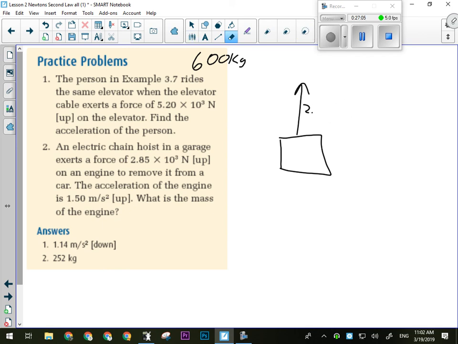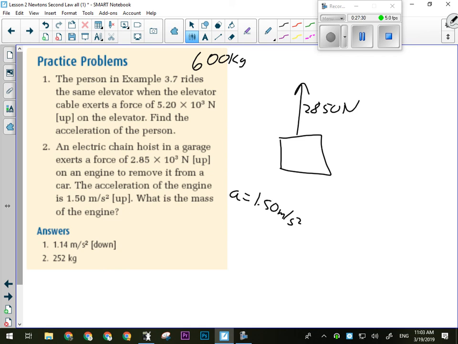We'll just write it like that. On an engine to remove it from the car, the acceleration of the engine is 1.5 meters per second squared up. What's the mass of the engine?